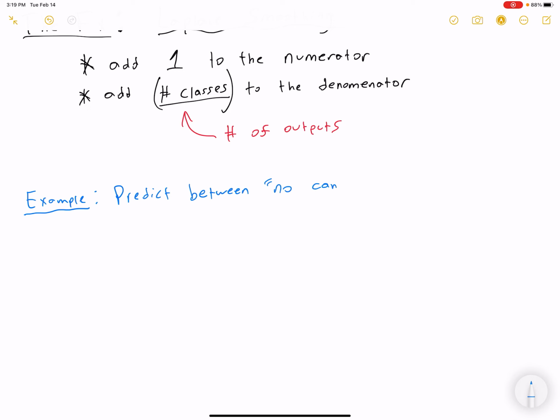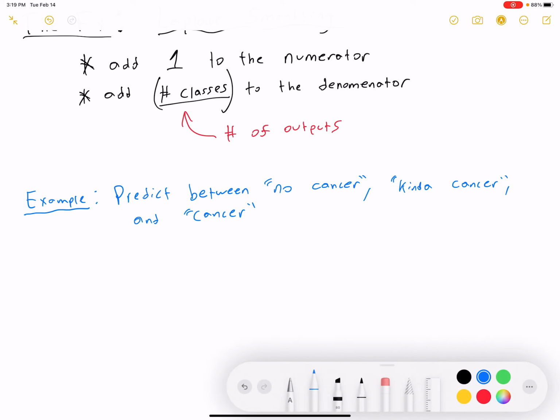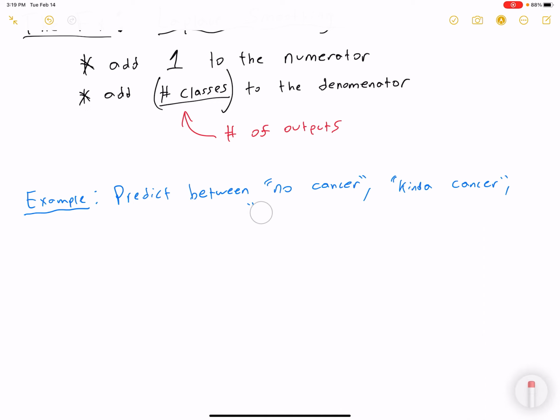Okay, I'm going back to health just so I'm not thinking too much about the examples. No cancer, kind of cancer, I'm not sure if that's a real thing, and cancer, so 3-way. Actually, sorry, let's just go back to spam. This is not gonna work.